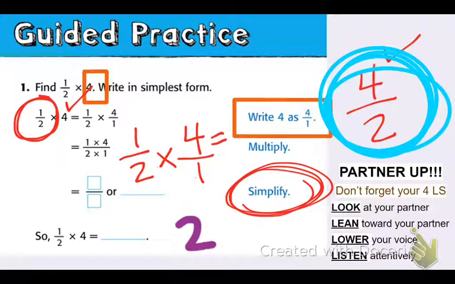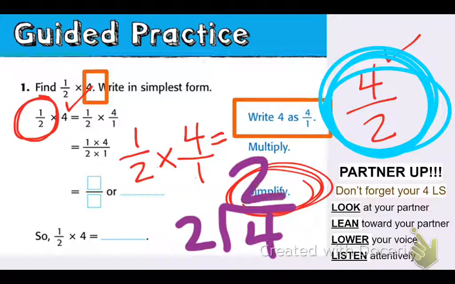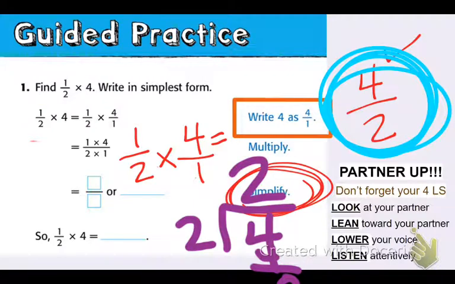Absolutely. Let's go ahead and divide. 2 divides into 4 2 times, and there's nothing left over. So what is 1/2 times 4? Well, the answer is 2. And that makes sense because 2 is half of 4.